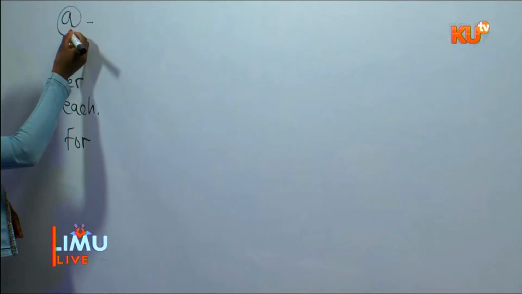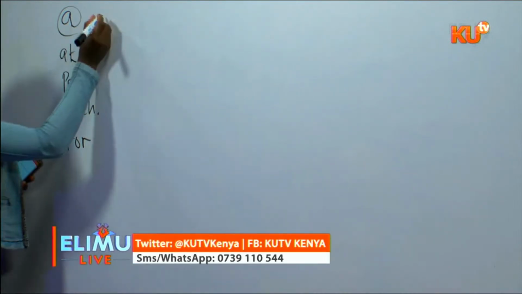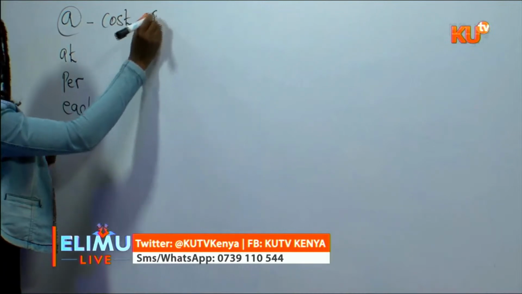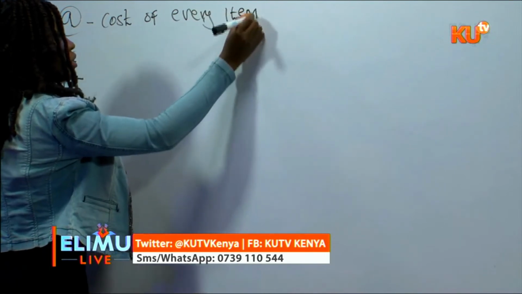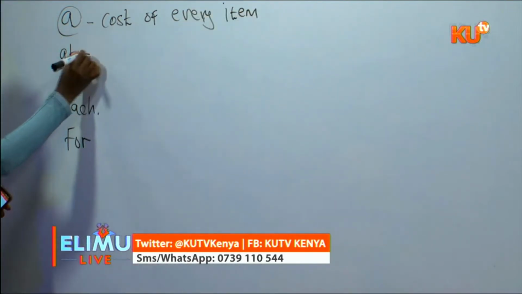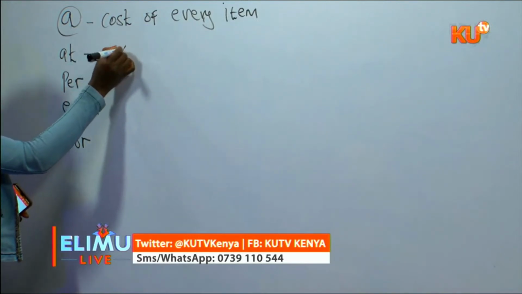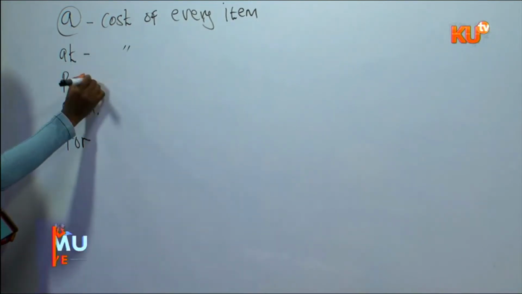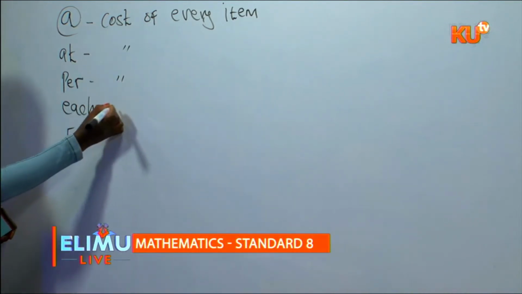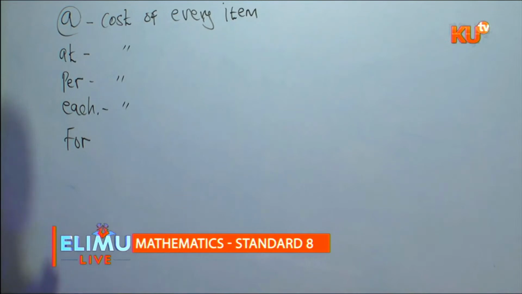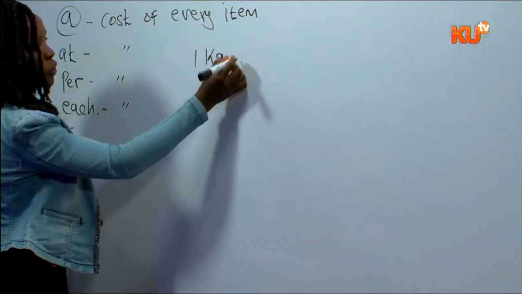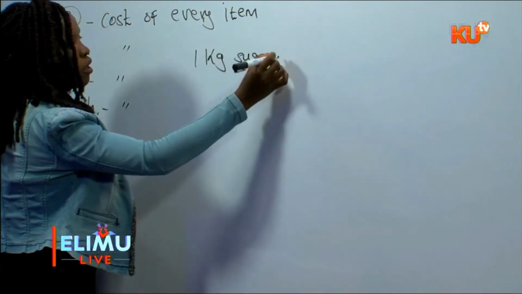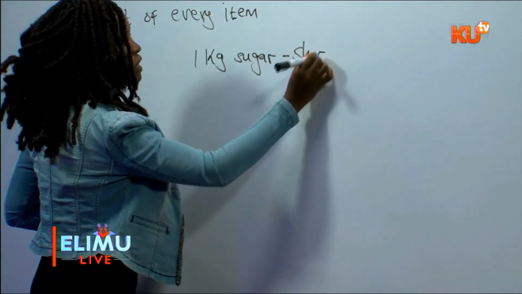This means this is the cost of every item. At means also the same. It is the cost of every item. We have per to represent the cost of every item, and each to represent the cost of every item. For example, maybe I'm told that 1 kg of sugar costs 50 shillings.